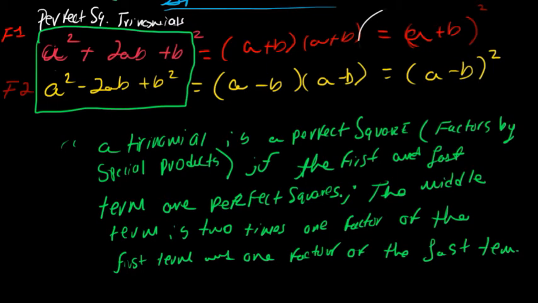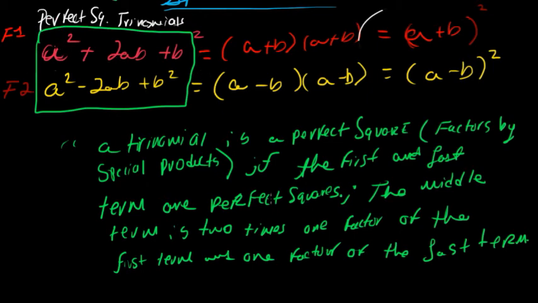And in a minute in this video, if you don't understand what I mean by that, of course you'll see it when I do my examples. Okay? So this says a trinomial is a perfect square or factors by special products if the first and last term are perfect squares. So like we have a squared is a perfect square because the square root of a squared gives me a.